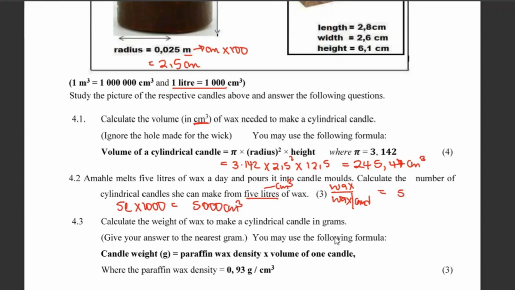So the wax that's brought is 5,000 divided by 245,47.